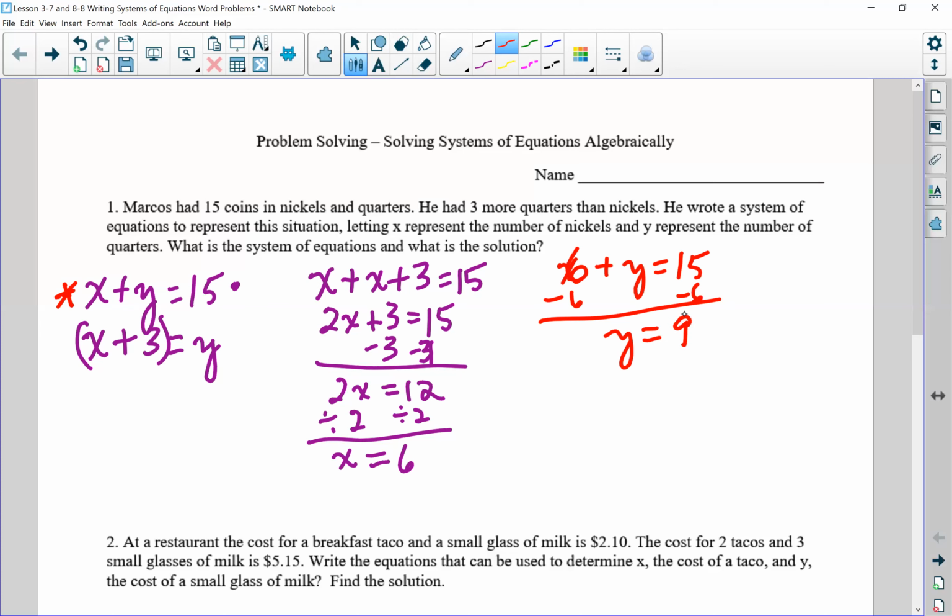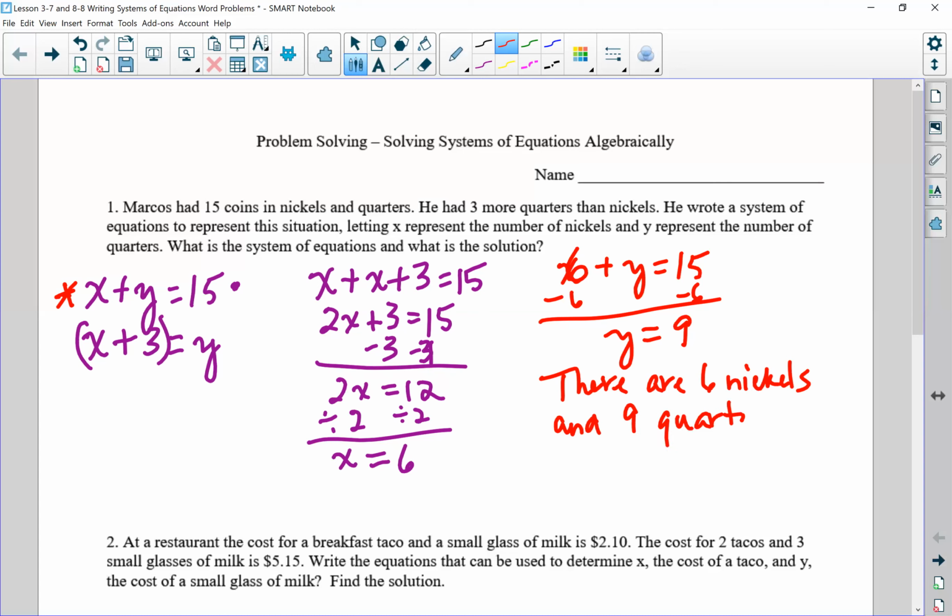Now I check to see if that answer makes sense. We have 9 quarters, 6 nickels, 15 coins total, and that's right. We have 3 more quarters than nickels. So my final answer is there are 6 nickels and 9 quarters.